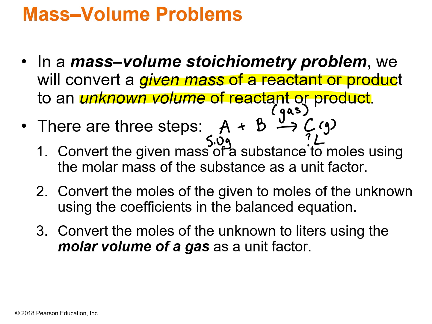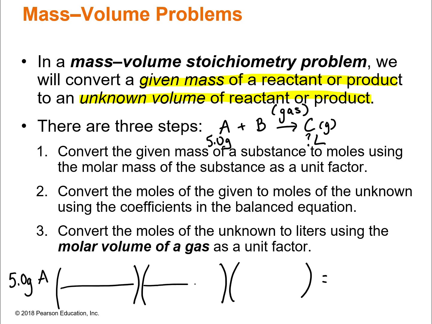Let's give you the generic, how do I work through this? There's our given information. We have 5 grams of A. The first part is always the same. We have to get from grams to moles. If we're not starting in moles, we have to get there.